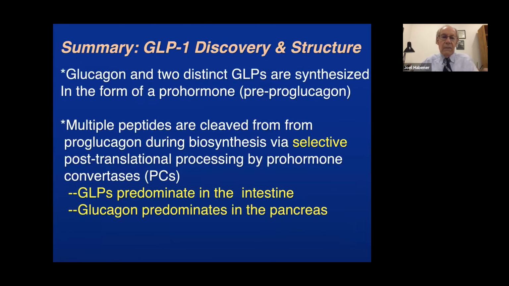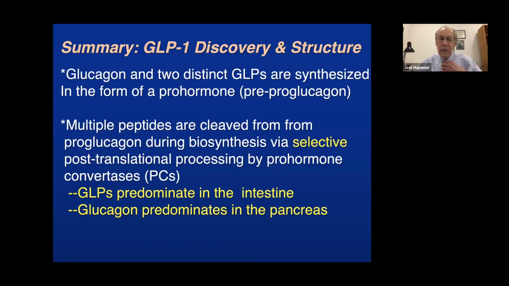So a summary of these early studies on discovery and structure is that glucagon and two distinct GLP-1s are synthesized in the form of a prohormone, which is called proglucagon or pre-proglucagon, with the signal peptide attached. Multiple peptides are cleaved from the proglucagon during biosynthesis via selective post-translational processing by the prohormone convertases.